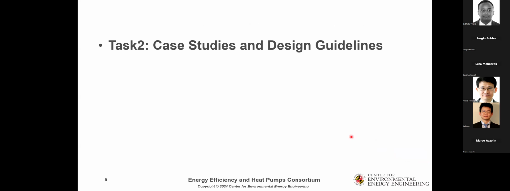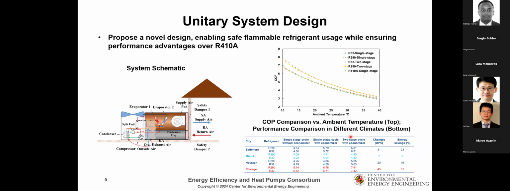The second part is about the case study and some design guidelines. The very first design is a unitary system that can enable safe flammable refrigerant usage while ensuring a performance advantage over R134A. The left side shows the system diagram, and the right side figure shows the system COP performance evaluation.